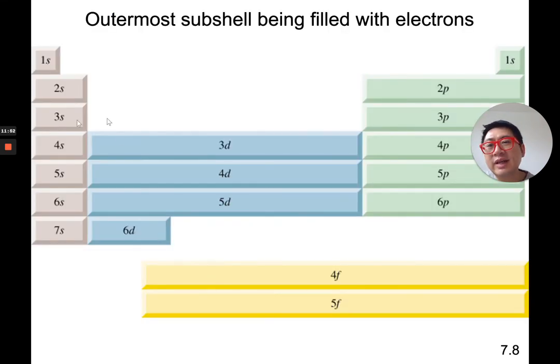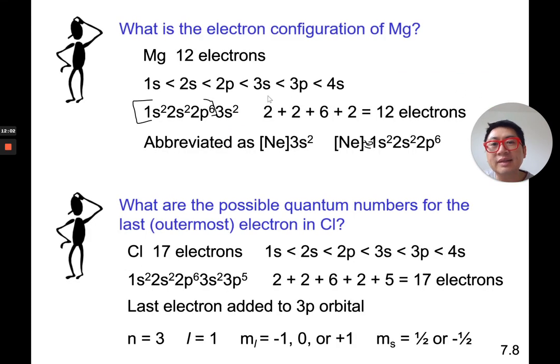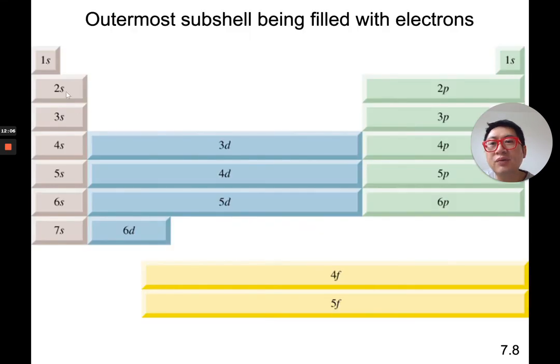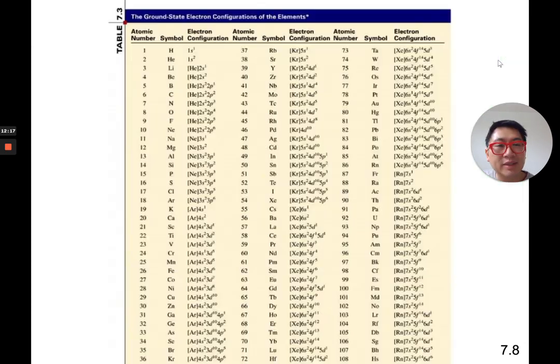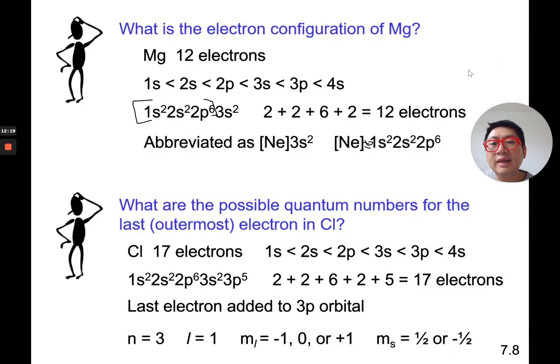It's 2p. And how many are in there? If you count, there would be 1, 2, 3, 4, 5, 6. There are 6 elements in the 2p level. That's how it would be 2p6. Before 2p6 is 2s, and there are 2 elements in the 2s level. Before 2s is 1s, and there are 2 elements in 1s.